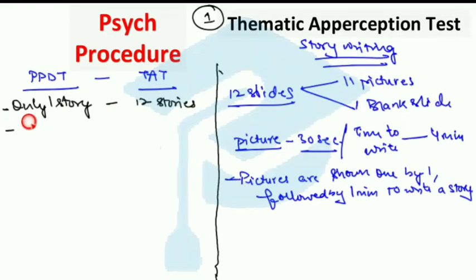Now, in PPDT, along with story writing, you have to fill up the box, plus you have to write the action of the story.